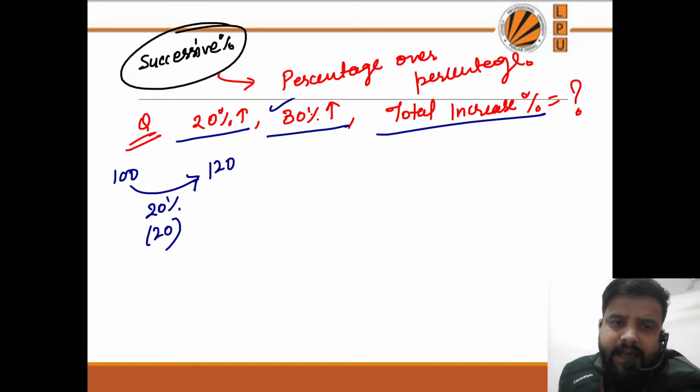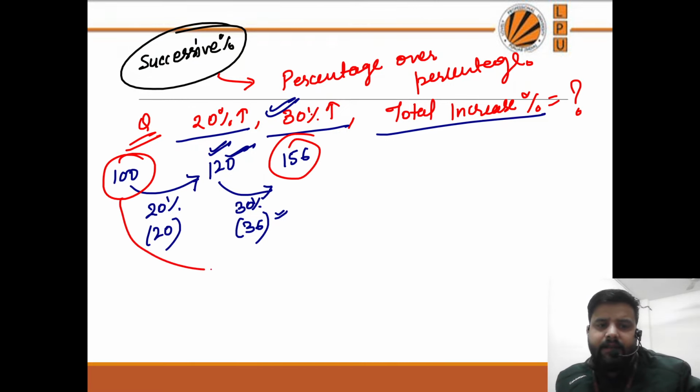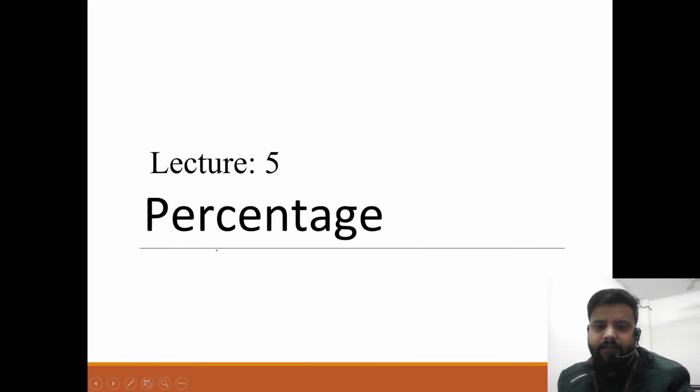Now the second increment, which is 30%, will be applied over this. 30% of this is 36. Which means after increasing 30%, your new salary will be 120 plus 36, which is 156. So your salary initially was 100 and now it is 156. So the total increase is 56.